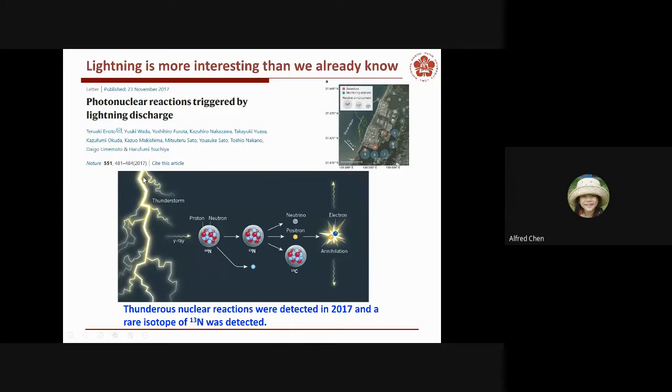That means the lightning in the thundercloud generated the gamma ray, and then the gamma ray hit the air molecule, nitrogen-14, and then generated the isotope nitrogen-13, and then the positron in this process will annihilate, with an emission of annihilation gamma rays. So the thundercloud nuclear reaction was detected by the light curve of the detectors around the plant, and they successfully identified this rare isotope.